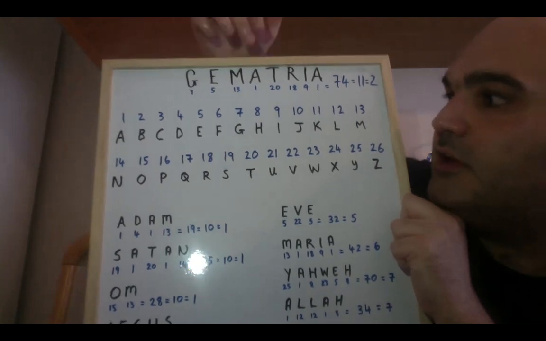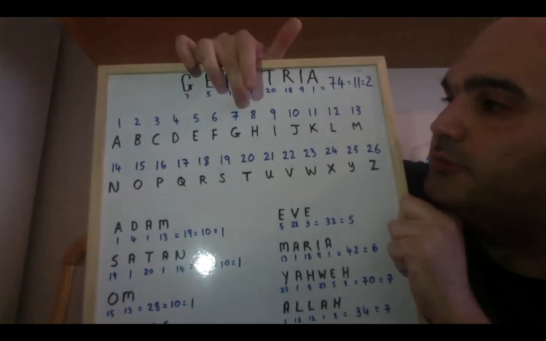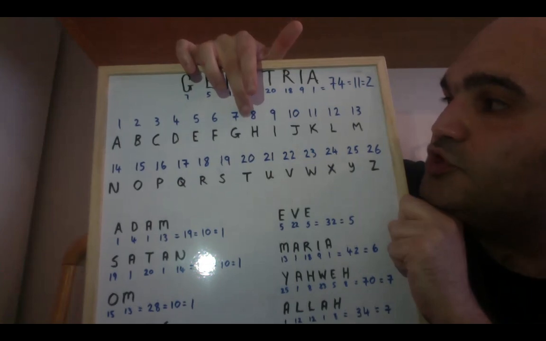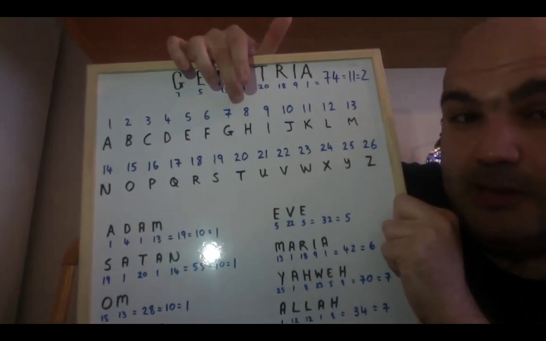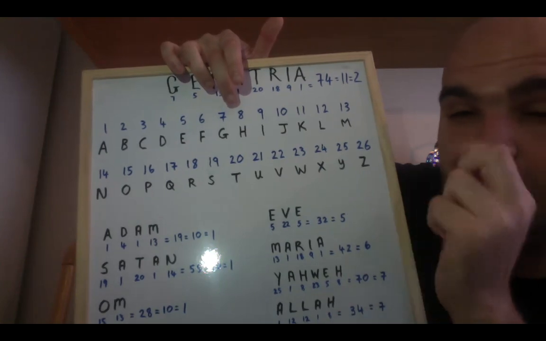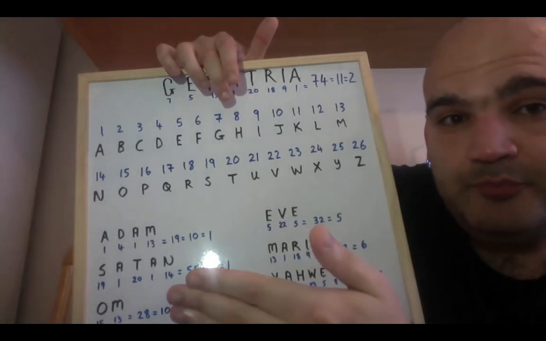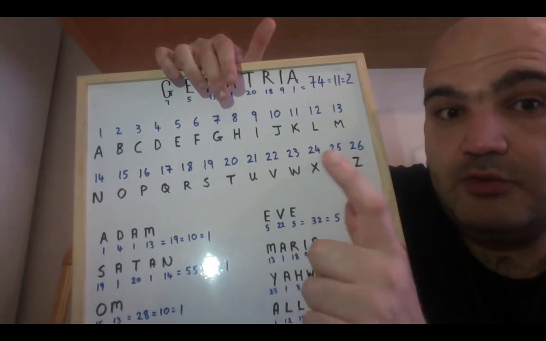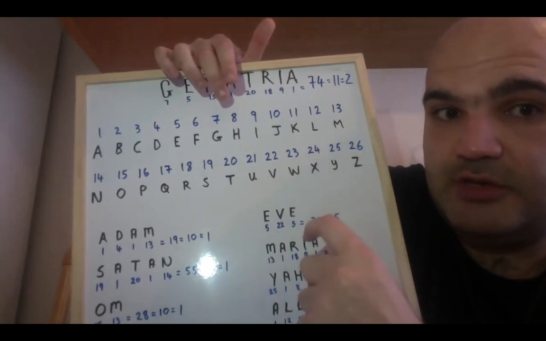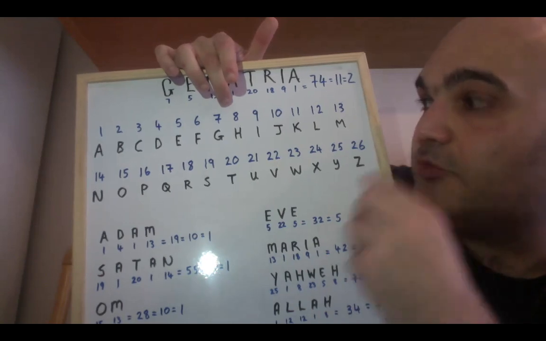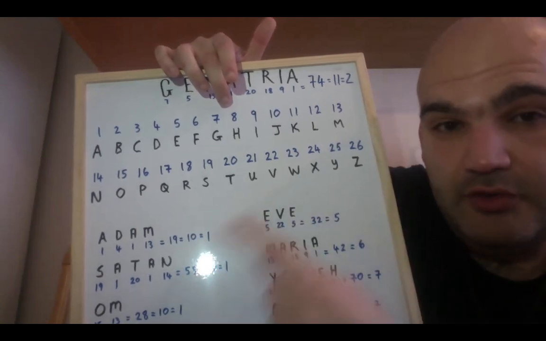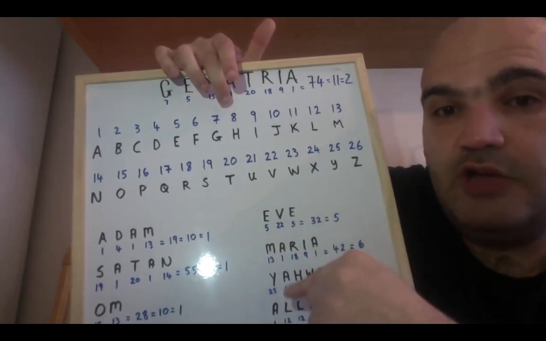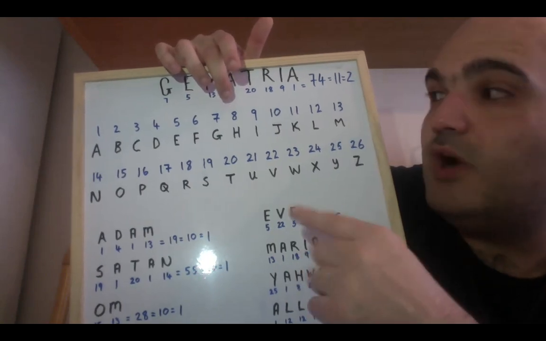And obviously when you get to G the second time round, it becomes number 33. And we know that in a lot of the Freemason lodges, their symbol of the compass and square has a G in the middle. That is because it is the 33rd letter on the second cycle round. So this is why they use the G.